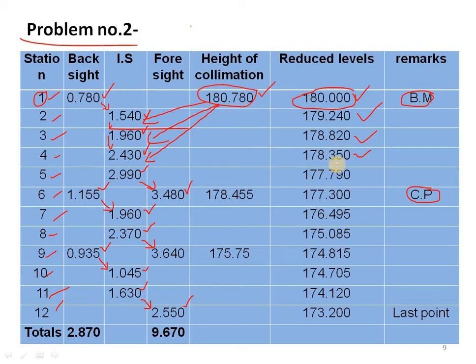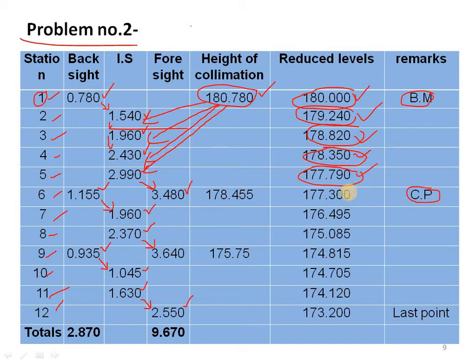Another one is the last one, to get the RL of station 5, 180.780 minus 2.990. Then we will get the answer 177.790. So up to here we have got the fifth station points.